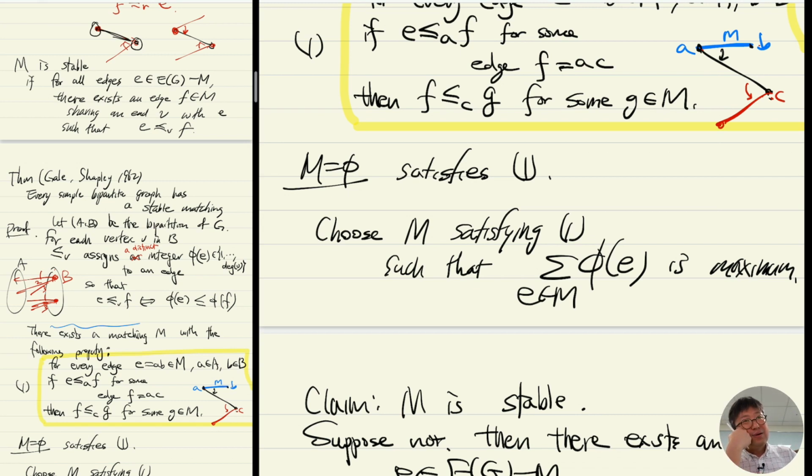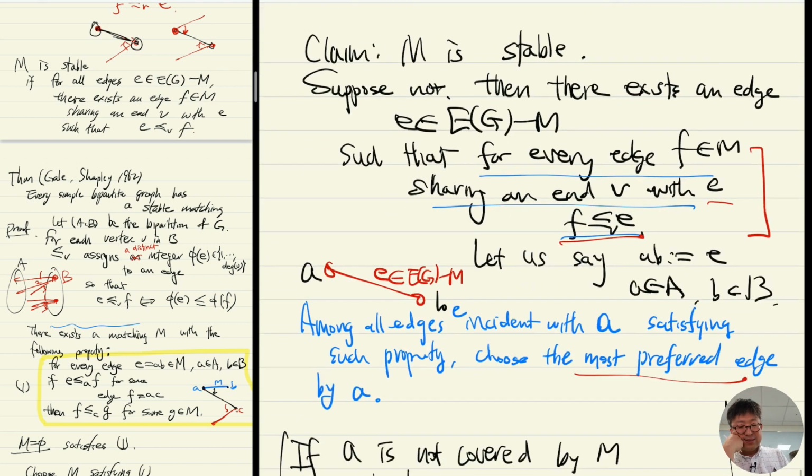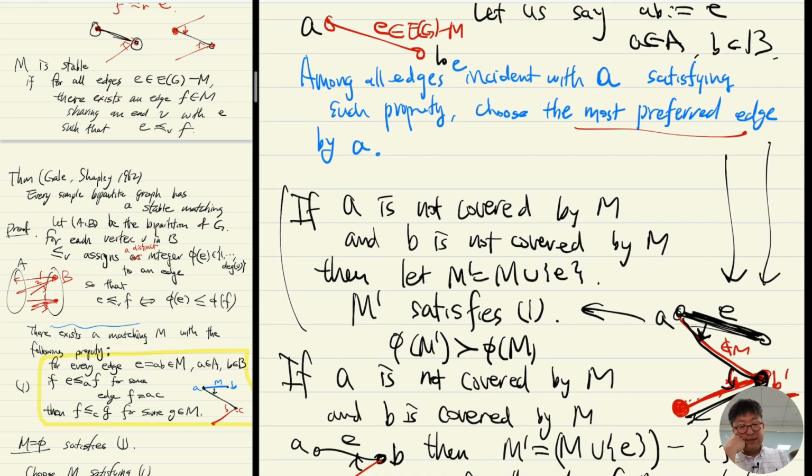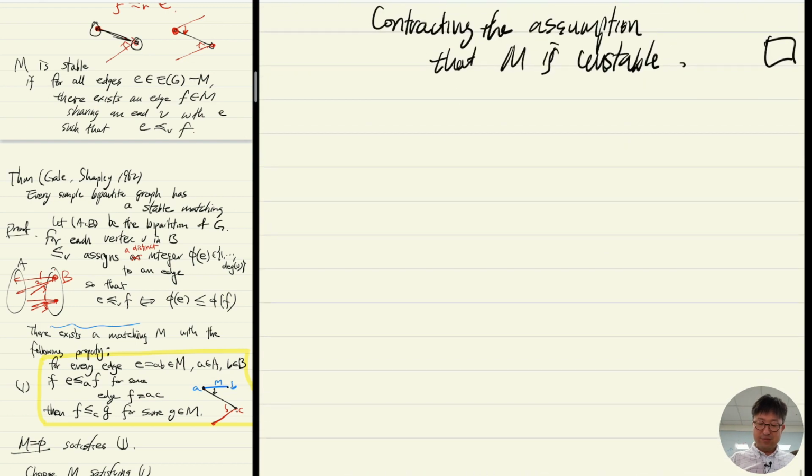Okay, now why does this give an algorithm? Well, this whole step is an algorithm. You start with the empty set and you find an edge like this, and then you do an operation like this. So from M you get M prime, and that will increase the sum of these values, and the sum of these values cannot increase forever, right?